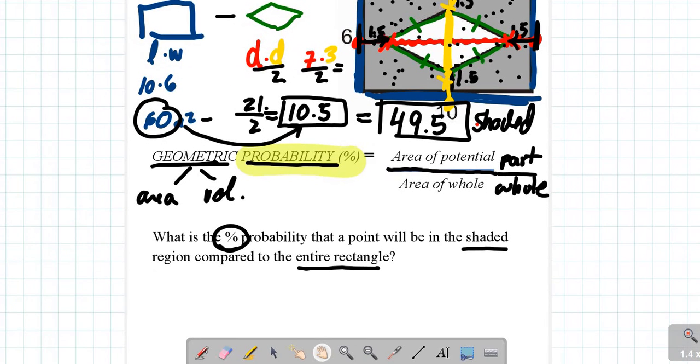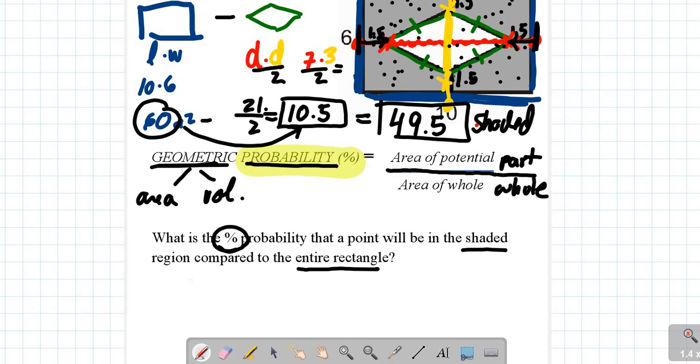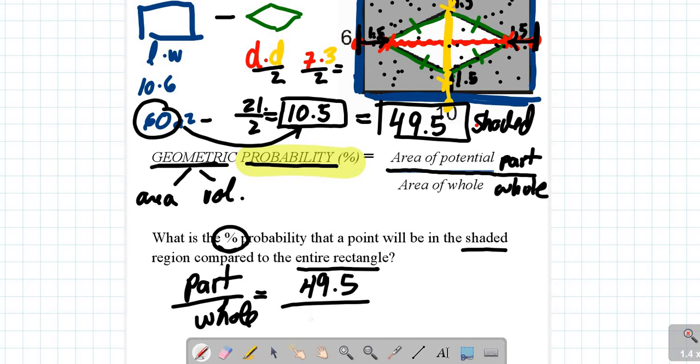So the way you do that is it's part over whole. Our part in this case is 49.5. Our whole is 60. So you can use your calculators right now. I'd like you to get that in your calculator right now.